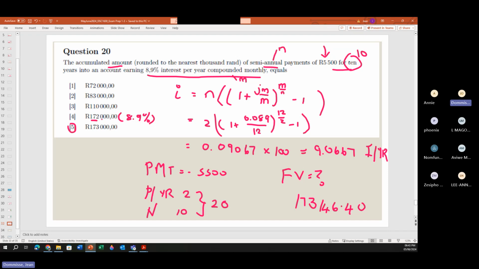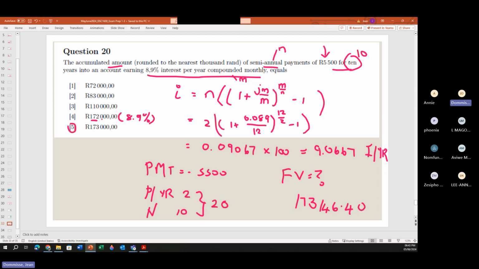So first we need to change that 8.9% compounded monthly into a semi-annual rate. Then from that, we use the semi-annual interest, which is 9.0667, with the PMT of minus 5,500, twice a year because it is semi-annual, for 10 years, which gives us the 20 periods, sorry.